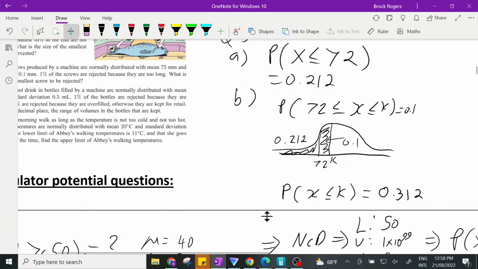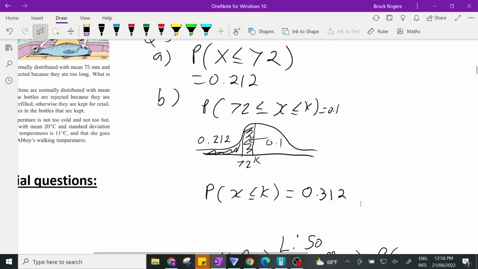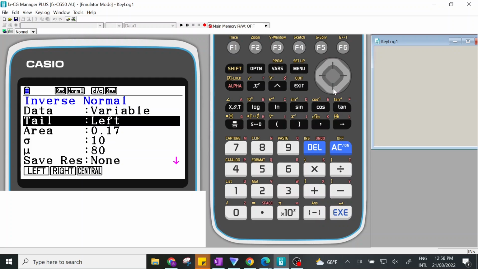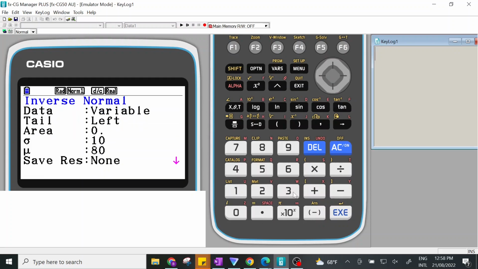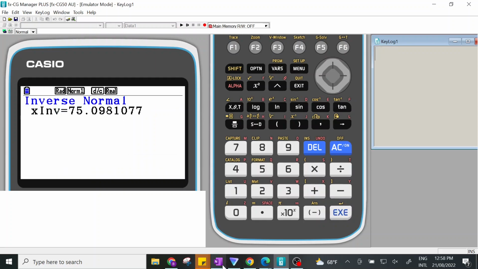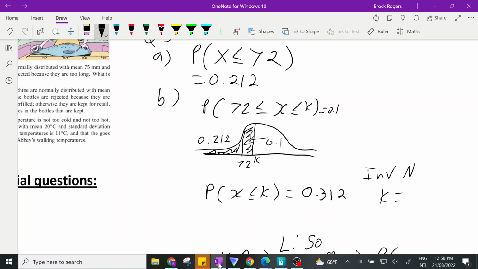And then if we use inverse normal for this one, because we have a probability and we want to find the value, 0.312. So all that's the same. 75.1. Okay, so that would be the K value to answer that question there.